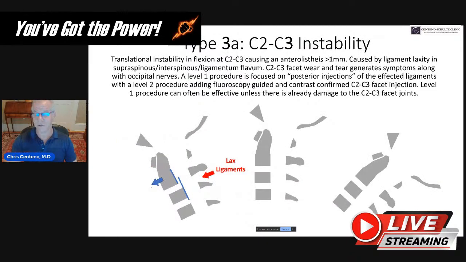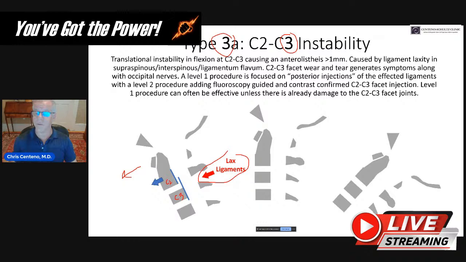Now we're down to C2-3. So remember when I said type 3 maps to C2-3. And so if you are in flexion here, the lax ligaments are back here. So this means that C2 is shifting forward on C3.